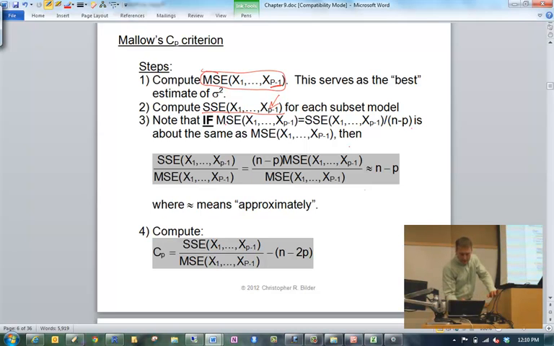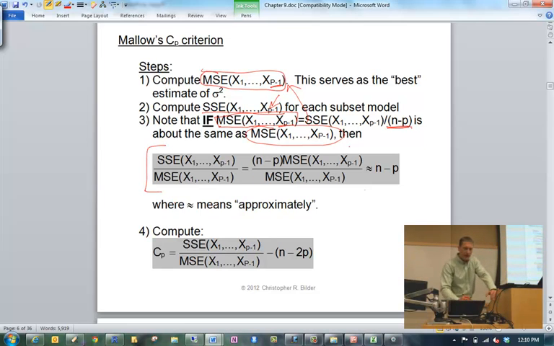Now, if I were to compute MSE for this subset model, of course, you just divide the SSE by n minus p, and you get MSE. Now, if this MSE is similar to the MSE that we had in step 1, look what would happen.